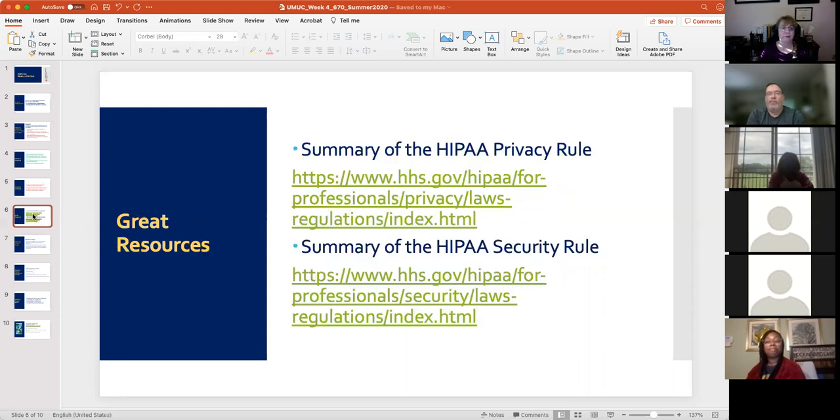Okay. Also, here are links to a summary of the HIPAA privacy rule. Really good summary because it's only 6 pages long and it really lays out everything very neatly.